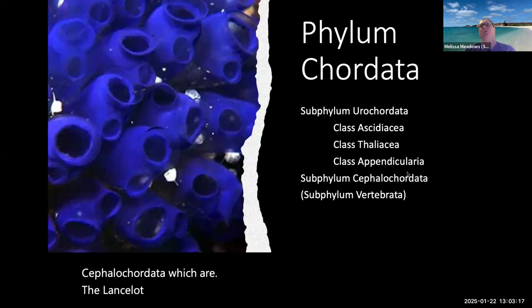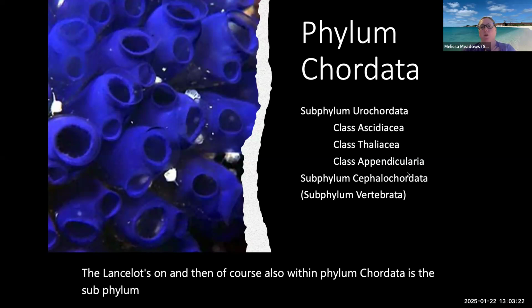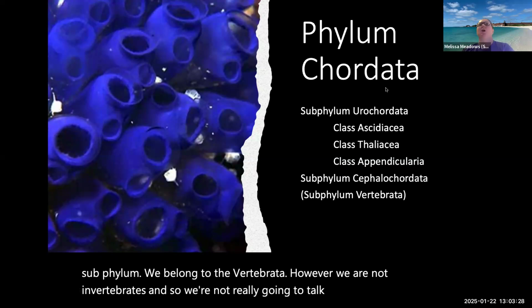And then, of course, also within phylum Chordata is the subphylum we belong to, the Vertebrata. However, we are not invertebrates, and so we're not really going to talk about us very much.